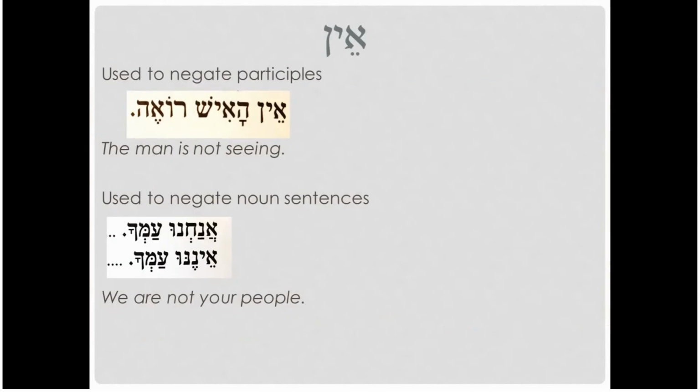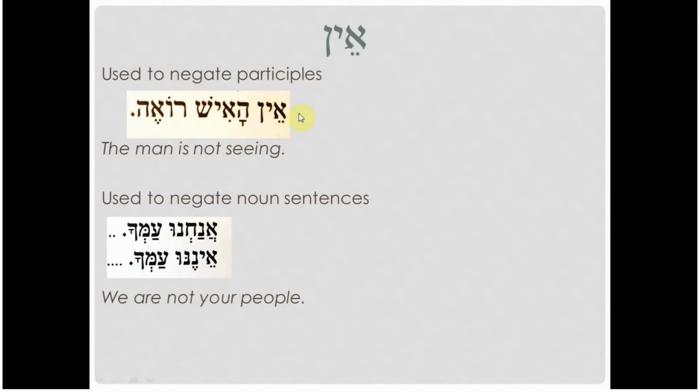So let's begin with ein, actually. How is ein used? Well, to begin with, ein is used to negate participles. That's one function it has. So look at this example sentence I have. Ein ha'ish ro'eh. The man, we could do it very woodenly, not the man is seeing.